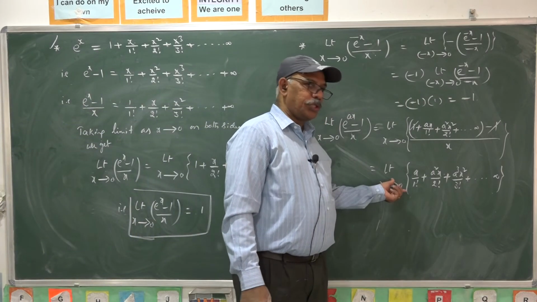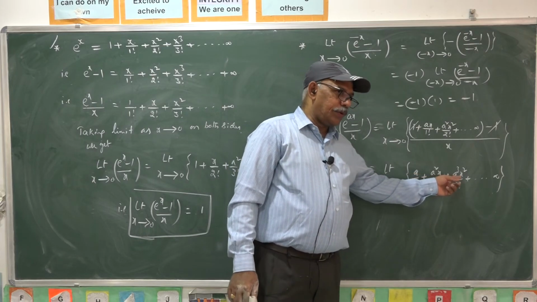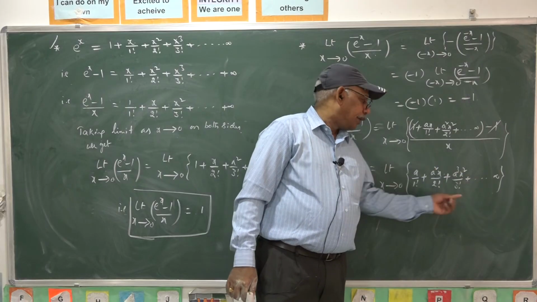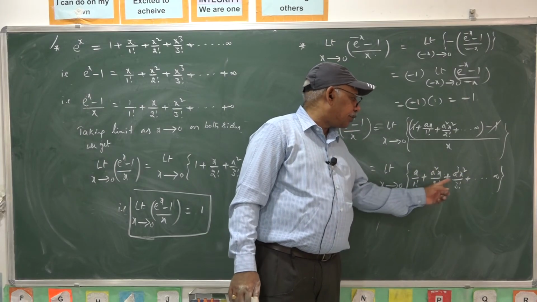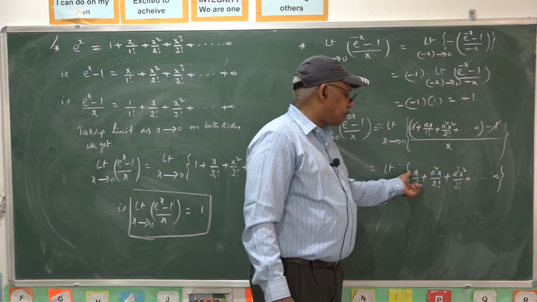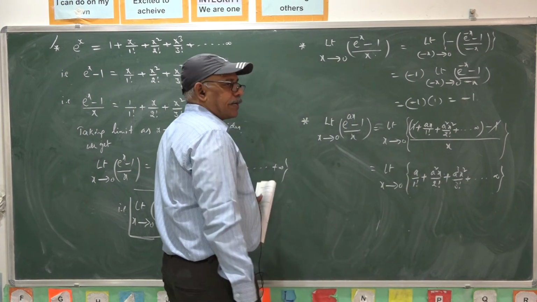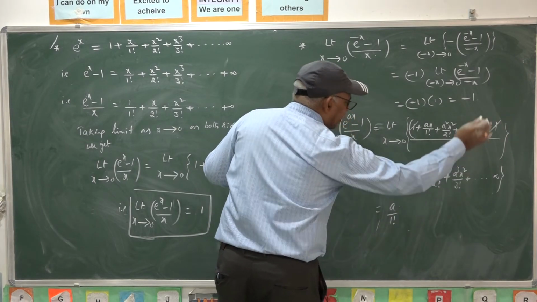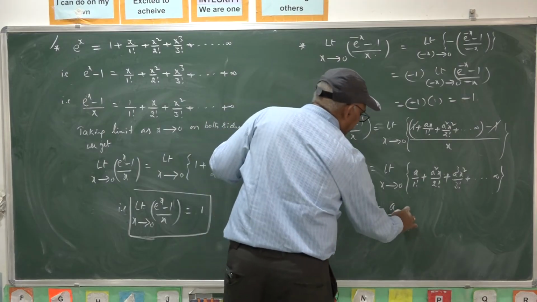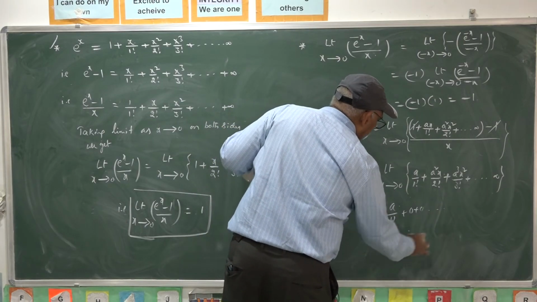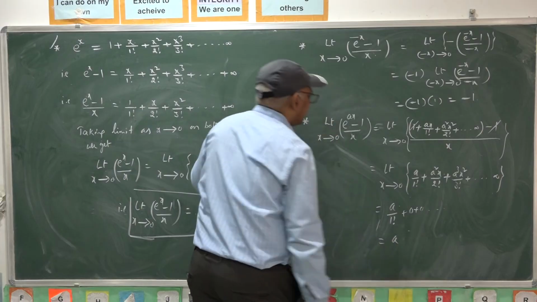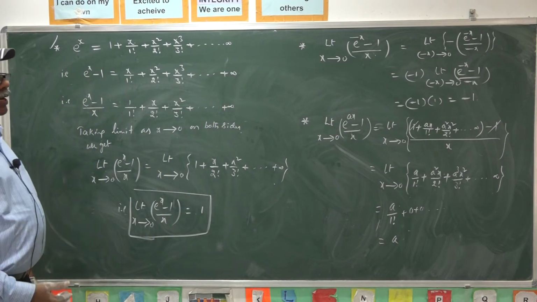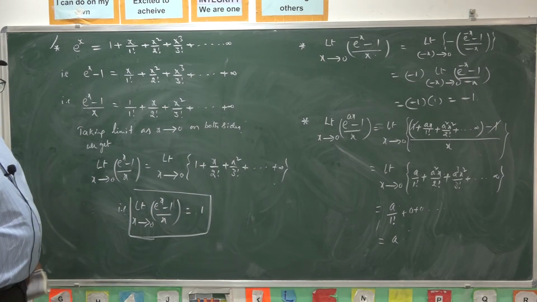As x goes to 0, the terms involving x become zeros. Everything is 0 except the first term, because the first term does not depend on x. Hence, we get only a by 1 factorial. The remaining terms are zeros. Hence, we get a. So limit as x goes to 0, (e power ax minus 1) by x is a.